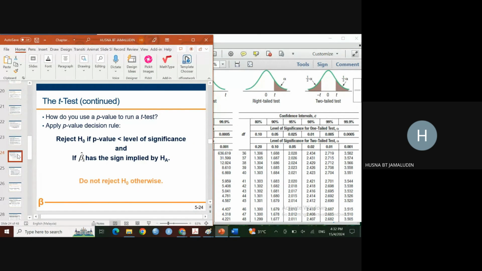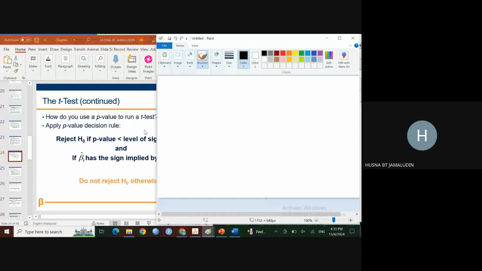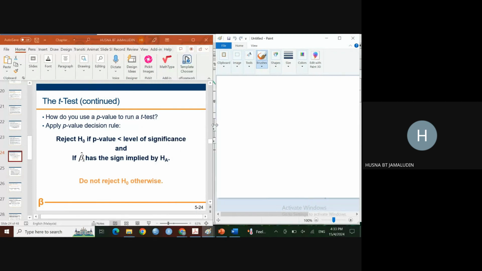Let's look at the PV decision rule. Reject your H null if the PV is smaller than the level of significance. Remember, what is the level of significance? I just mentioned it to you just now. Alpha. Yes, thank you. It means that you are paying attention.